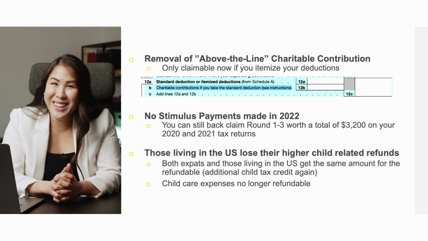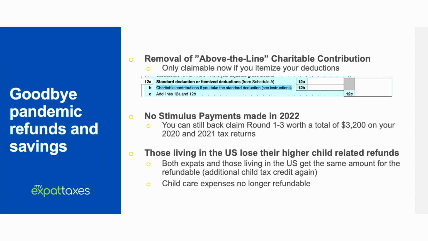That's gone. If you had childcare expenses, part of that was refundable, also gone. Again, not really relevant for us expats living abroad for the majority of the year. However, just want to call out, if you got that last year, don't expect that again this year.